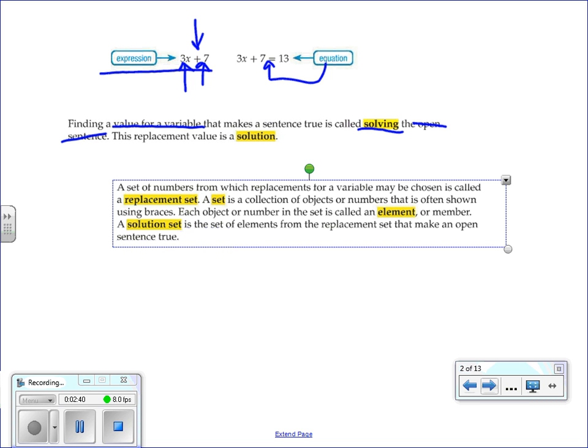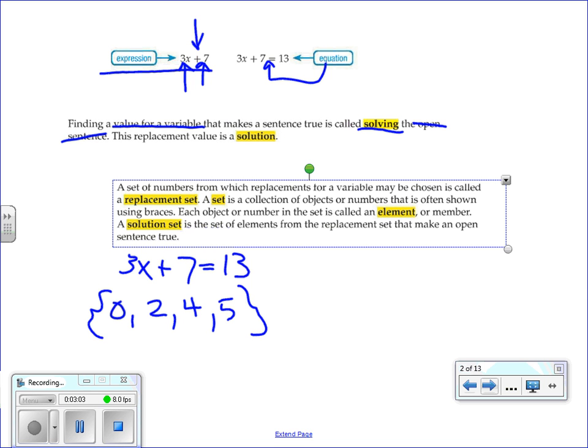So if you're given an equation like 3x plus 7 equals 13, and you're given a set of numbers, a collection of numbers, say our set of numbers is this. It's a random set.